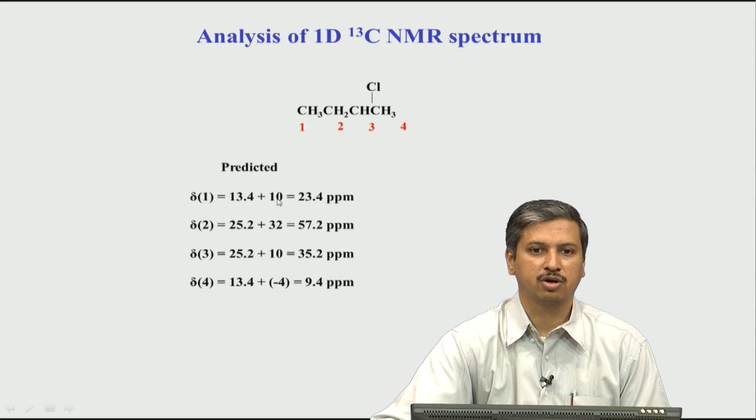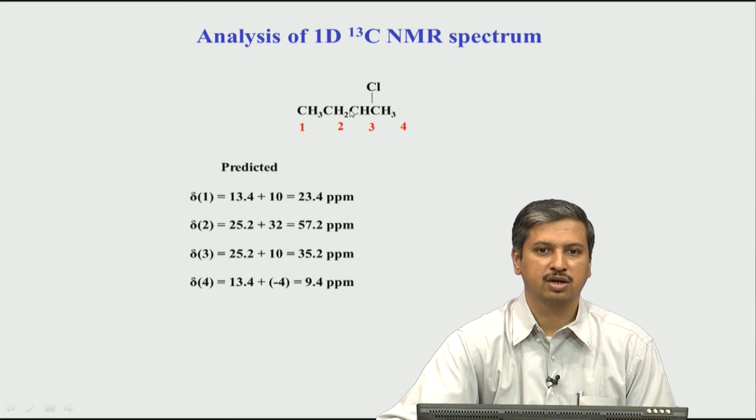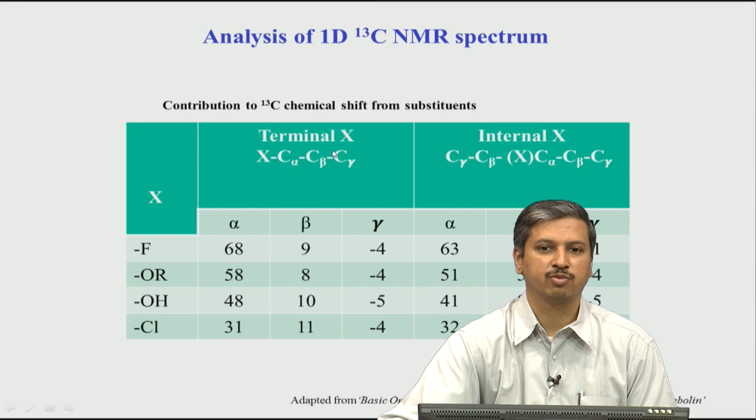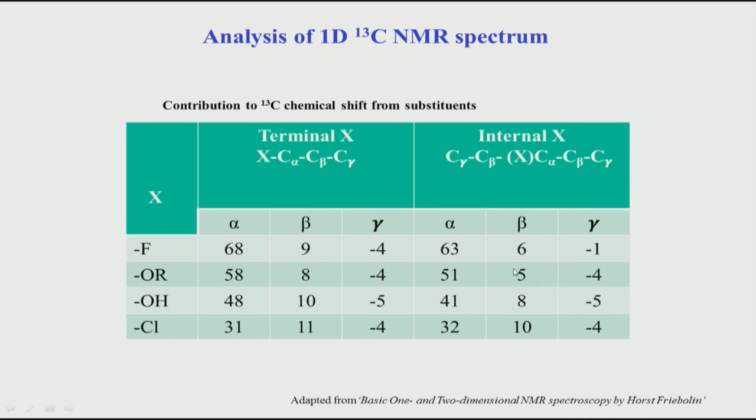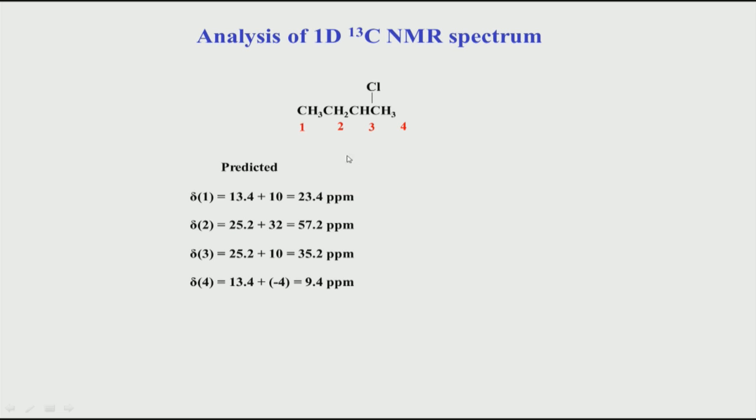Now, you add the contribution of the chlorine at this position. With respect to chlorine, this is alpha, this is beta, this is gamma. If you look at the previous table, for a chlorine at the beta position, you have to look at this value of 10 ppm. Okay. So, you add the 10 ppm and you get 23.4.